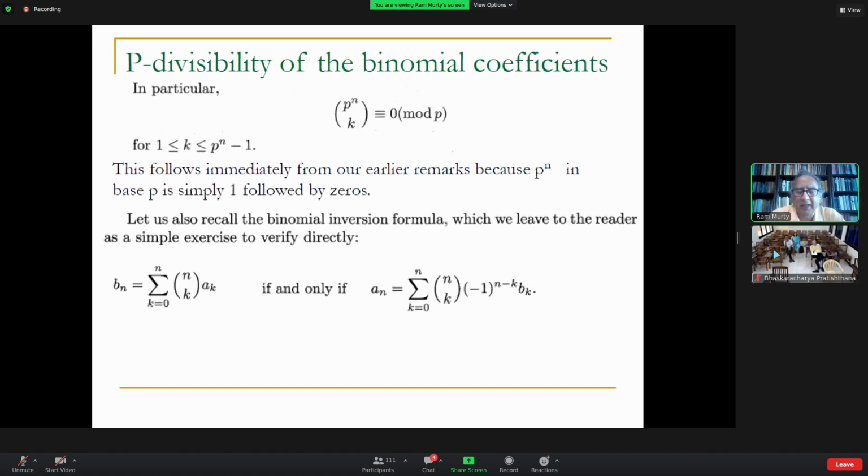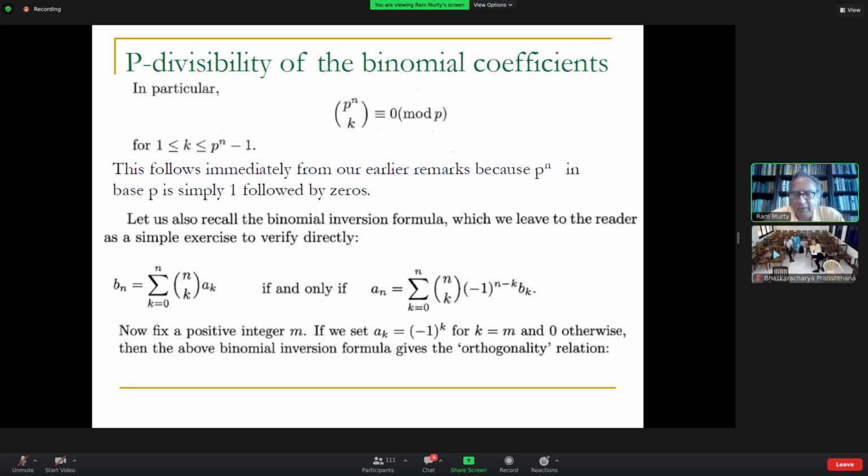So you can have a fancy formulation, or you can have an even simpler formulation. You can just simply use generating functions to prove this identity, or you can just crank it out by brute force. And how would you crank it out by brute force? Well, you would use what's called the orthogonality relation. So if you fix a positive integer m and set a sub k to be minus 1 to the k, then the above binomial inversion gives an orthogonality relation: the summation of minus 1 to the k, n choose k, k choose m, is minus 1 to the m if n equals m and 0 otherwise.